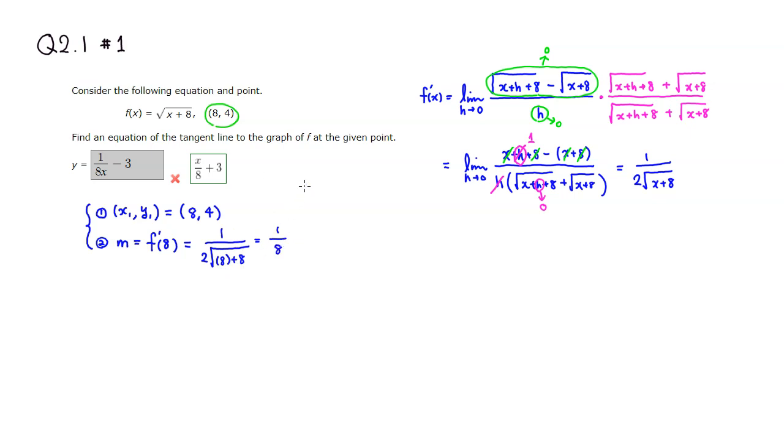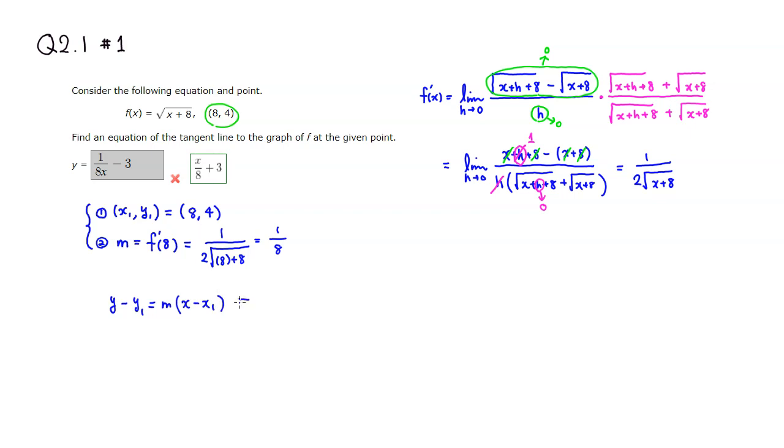Once you have those two pieces of information, we can simply use the point slope form. It goes something like this: y minus y1 is equal to m times quantity x minus x1.